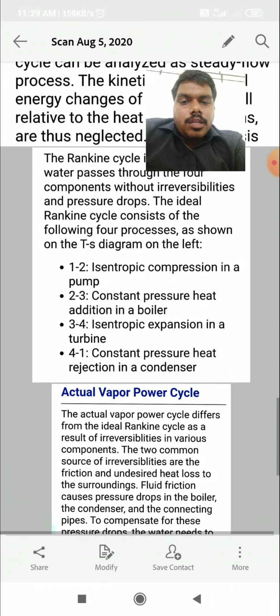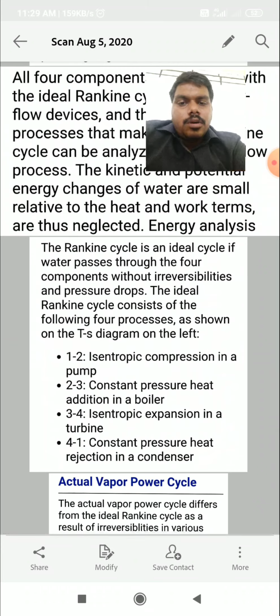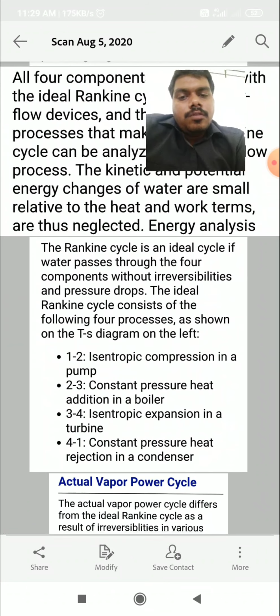So energy analysis can be done like this. The Rankine cycle is an ideal cycle if water passes through the four components without irreversibilities and pressure drops. The ideal Rankine cycle consists of the following four processes.